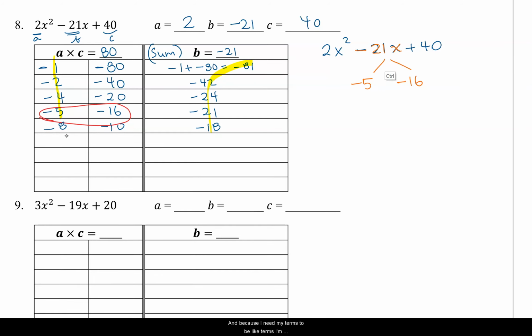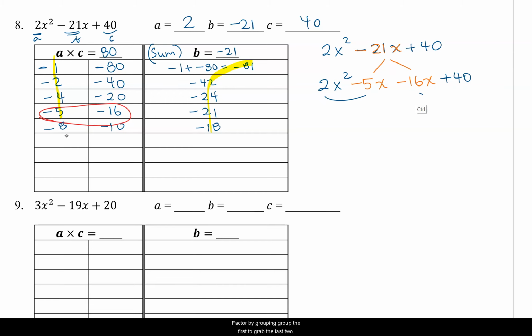And because I need my terms to be like terms, I'm going to attach the x's to the negative 5 and the negative 16. So negative 21x is negative 5x plus negative 16x. We're just breaking the negative 21x into two pieces that are equivalent when we add them back together. And we copy down the first term and the second term.